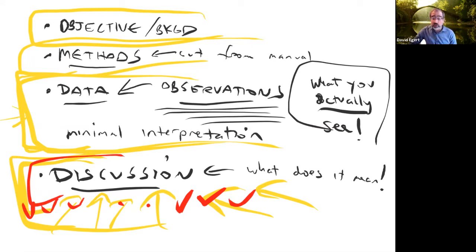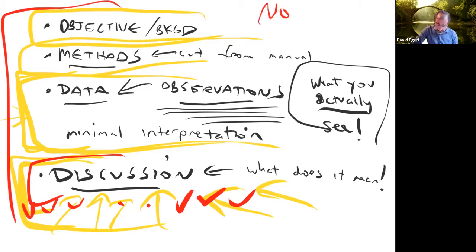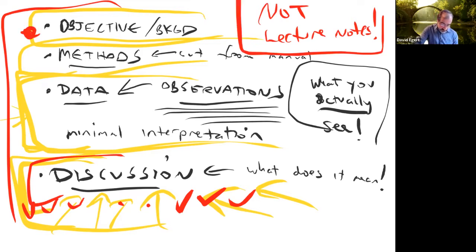Your discussion should address the main important messages that I am talking about in our lab lectures. But you shouldn't be taking lecture notes in here. So not lecture notes. It's this more formalized thing, the objective, the methods, the data, and the discussion. But again, these lecture notes are going to help inform you.